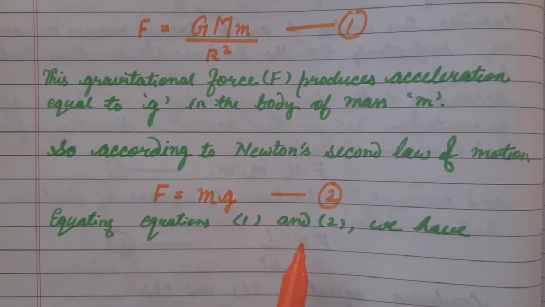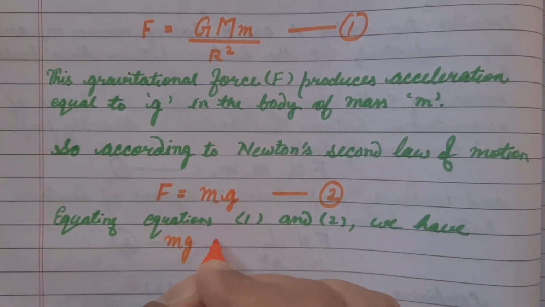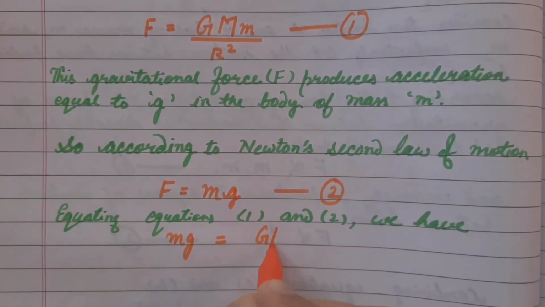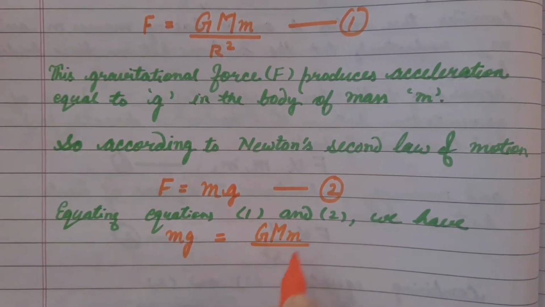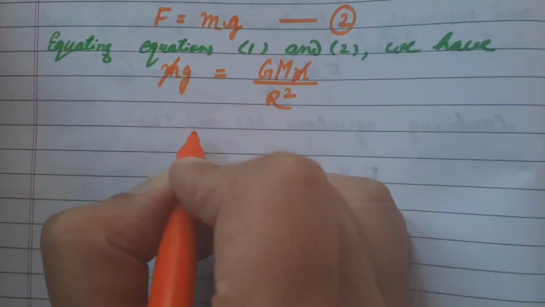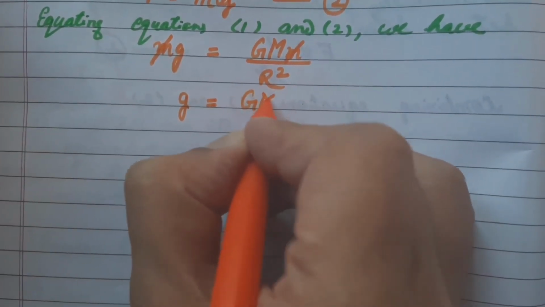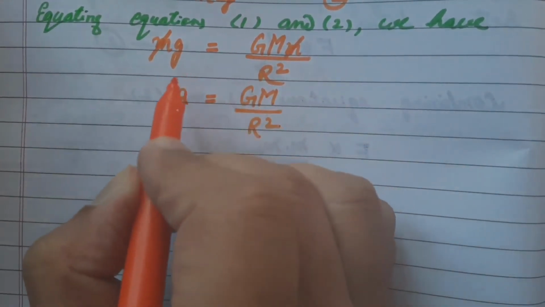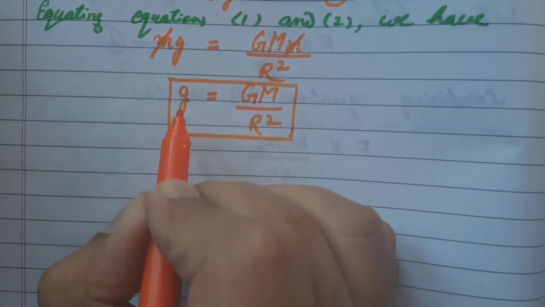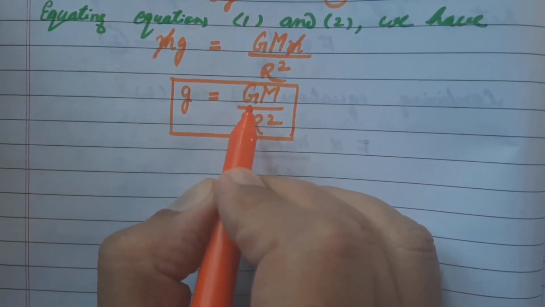Equating equations 1 and 2, we have m g equals G M m upon r squared. The m will cancel out. Now we get g equals G M upon r squared. This is the desired expression, the relation between small g, acceleration due to gravity, and capital G, the universal gravitational constant.